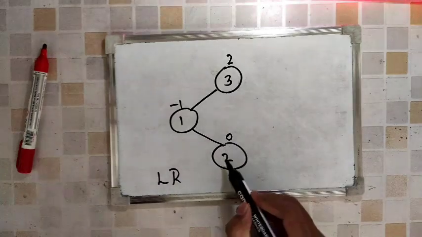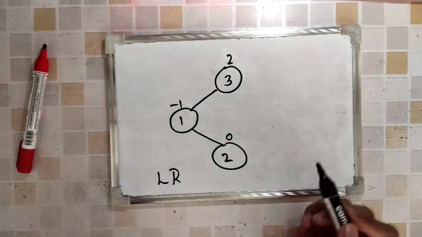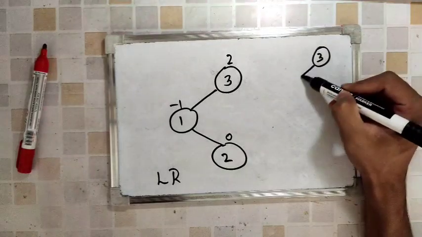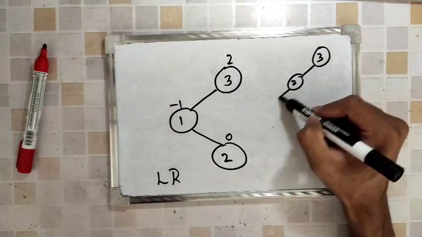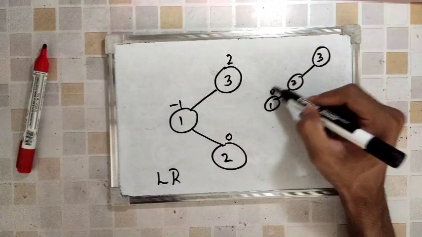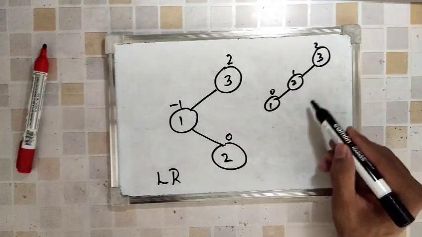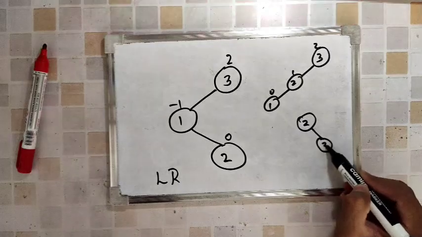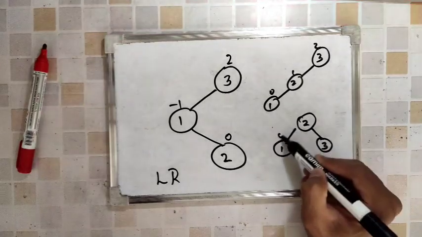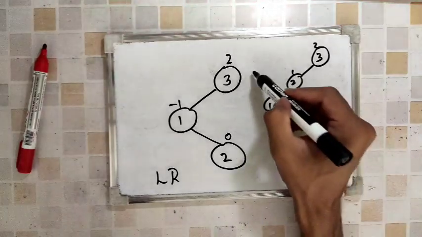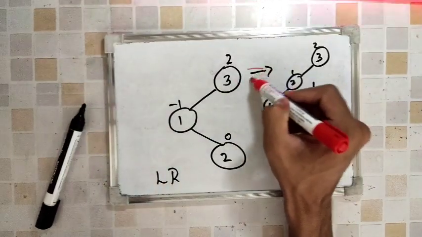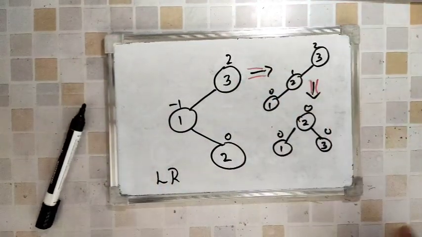First left, so this 2 I am sending here. Then it becomes like this, 2, and this becomes 1, 0, 1, 2, and then right rotation, 2, 3, 1, 0, 0, 0. First it becomes like this, then it becomes like this.